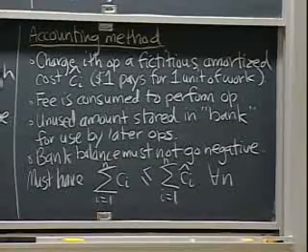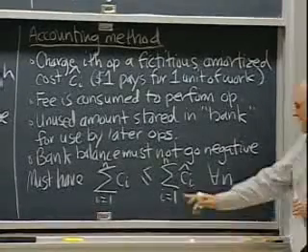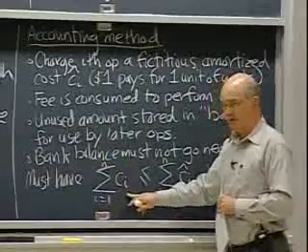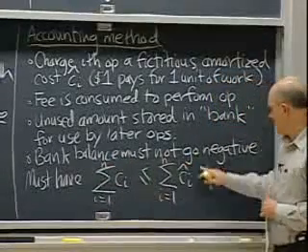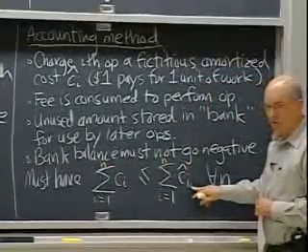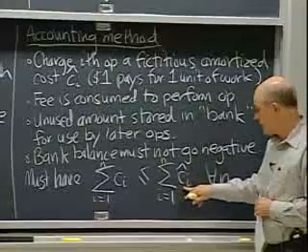For the bank balance not to go negative, if I add up the true costs, it's got to be the case that I can always pay for them. This is what I'm charging.